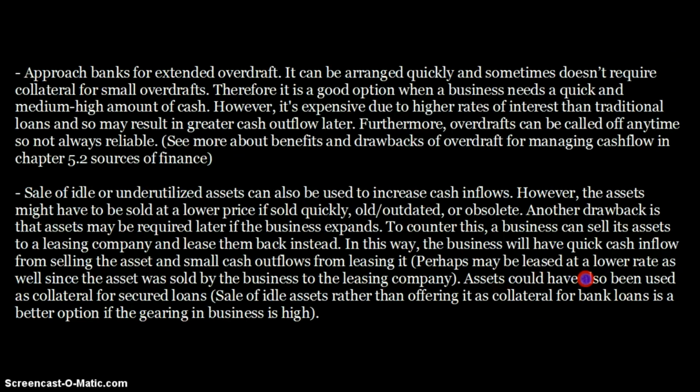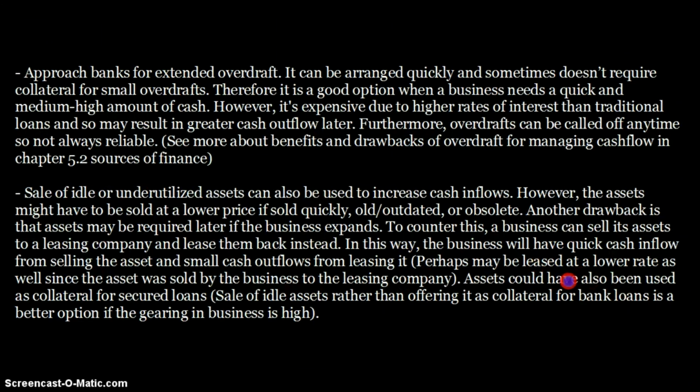It may perhaps be leased at a lower rate as well, since this asset was sold by the business to the leasing company. If you ask a leasing company for a similar asset, they might say it's $50 per month. But since you sold to them, they say, okay, you can have that for $40, $45. They have lowered the rate for you.